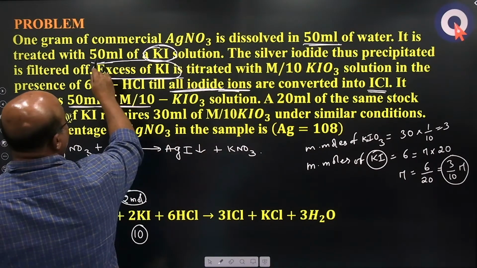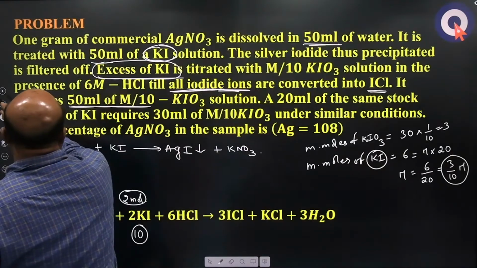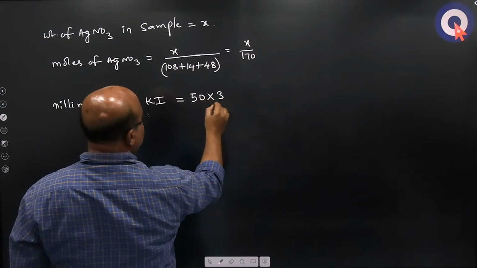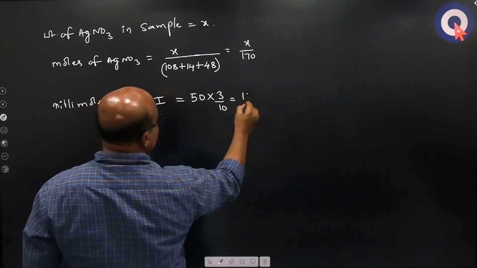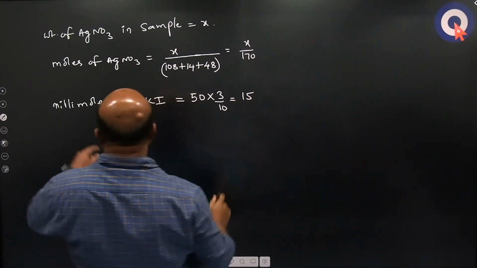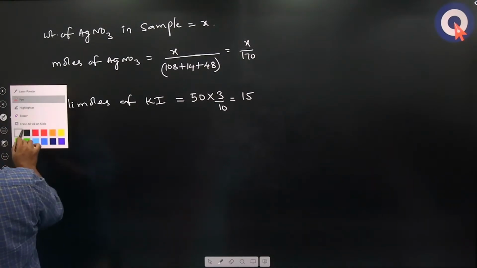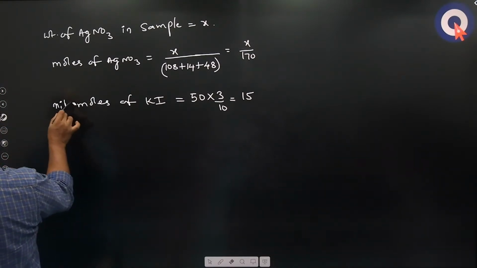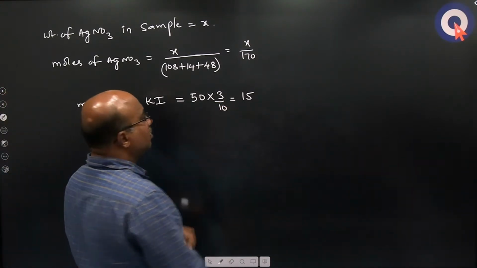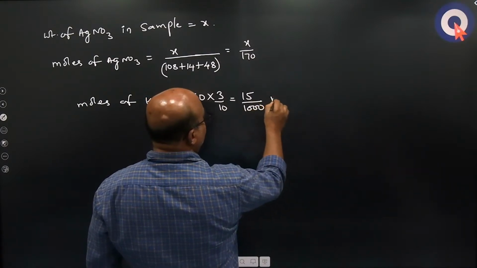So that 50 ml of KI, 50 into 3 by 10, becomes 15 millimoles. But this is millimoles. So if you want to calculate in moles, millimoles divided by 1000 will give moles.